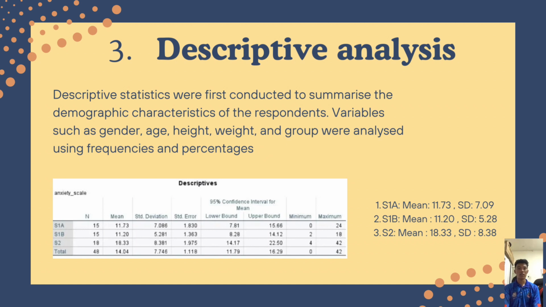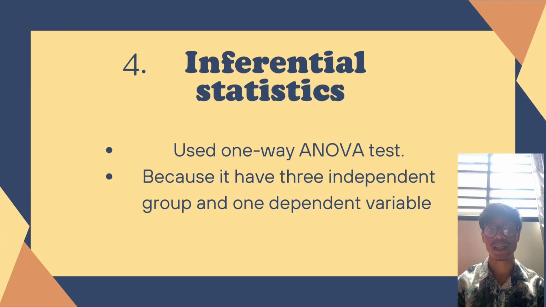After that, the result is S1A mean 11.73, SD 7.09, S1B mean 11.20, SD 5.28, and S2 mean 18.13, SD 8.38.